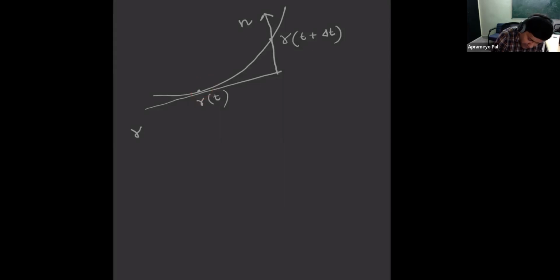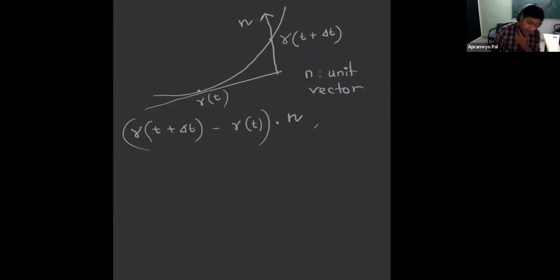This is of course given by gamma t plus delta t minus gamma t, times the unit vector n, which is perpendicular to the tangent line, right? So this is what we have already seen, that this is the deviation in some sense. Now this we can actually expand by Taylor's theorem.